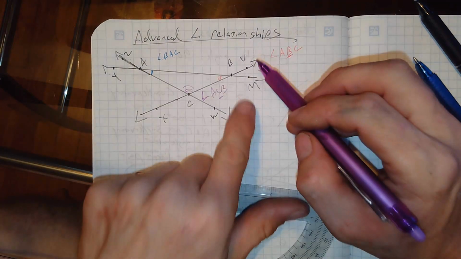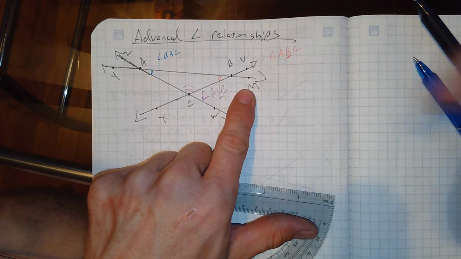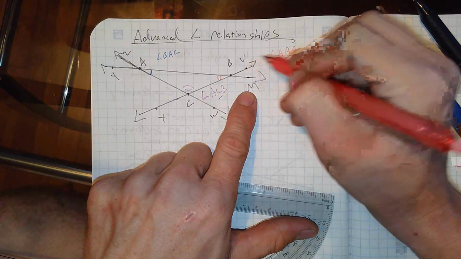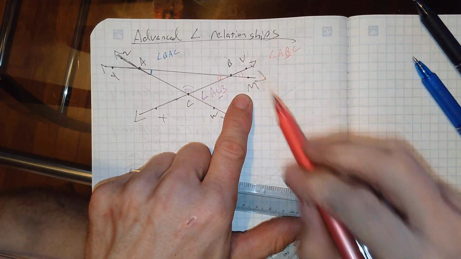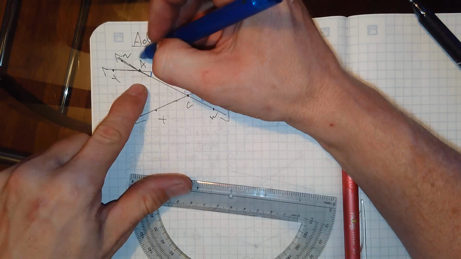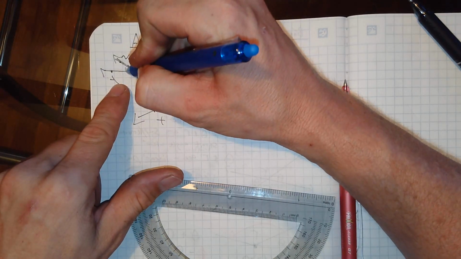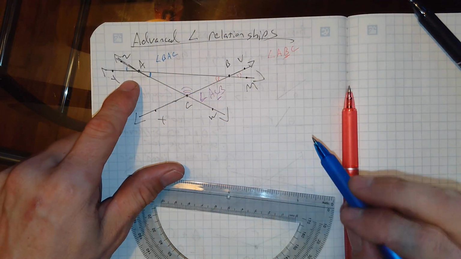Okay, and then out here we have VBM, which is congruent to ABC, because they're vertical angles. And then we have ZAY is congruent to BAC. They're vertical angles, right?